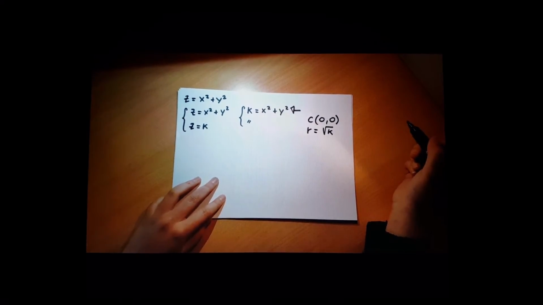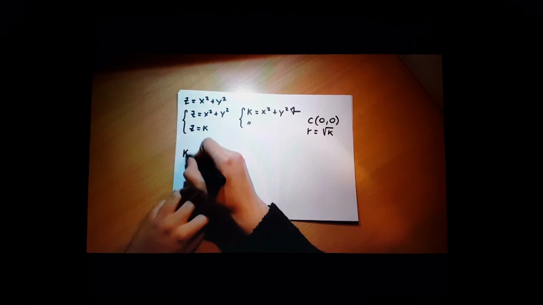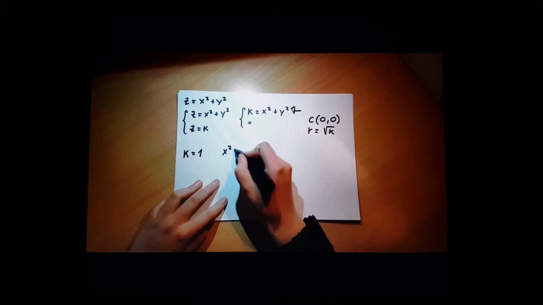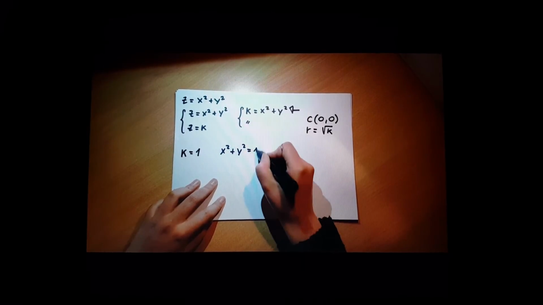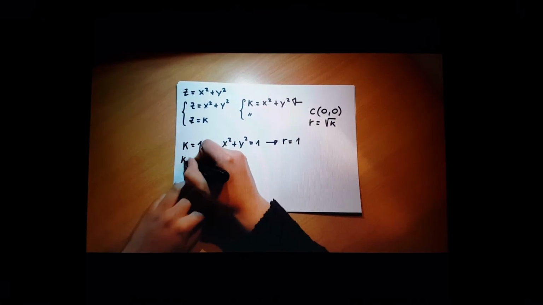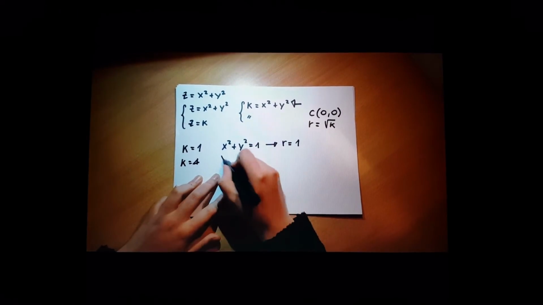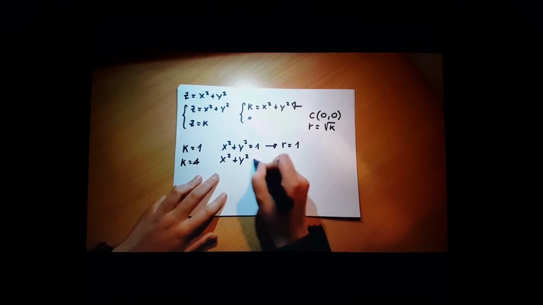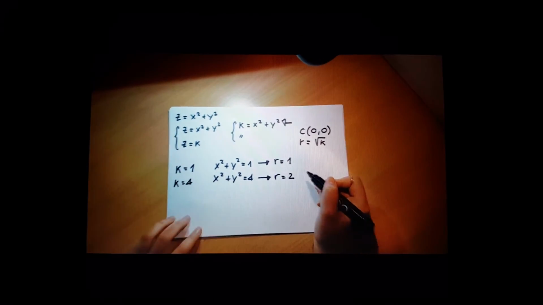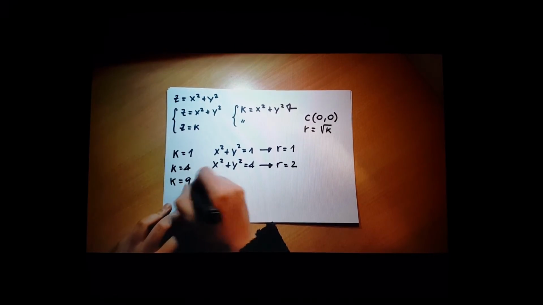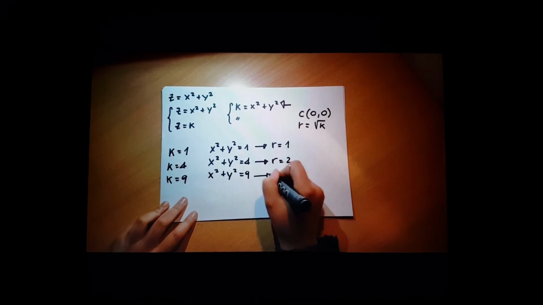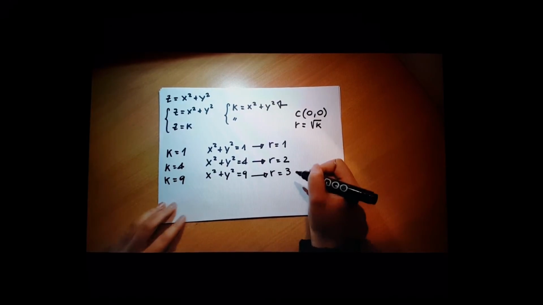We have to assign some values to k. For example, 1, 4, 9, and 16.